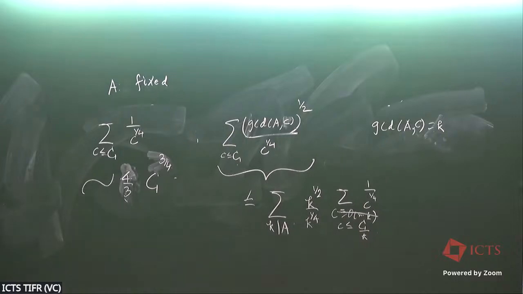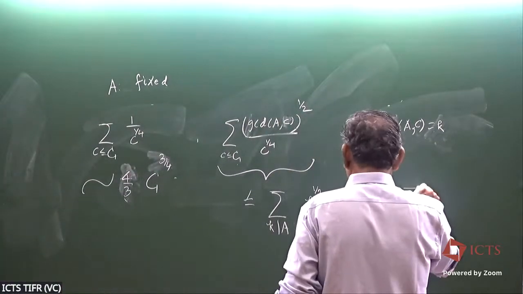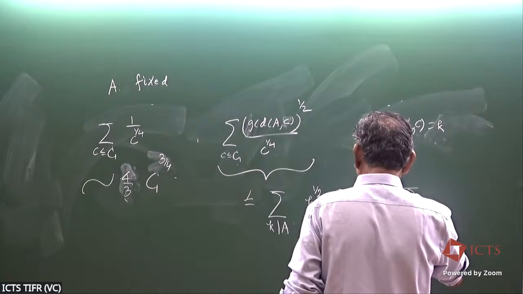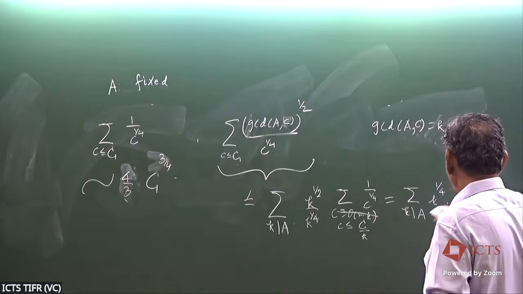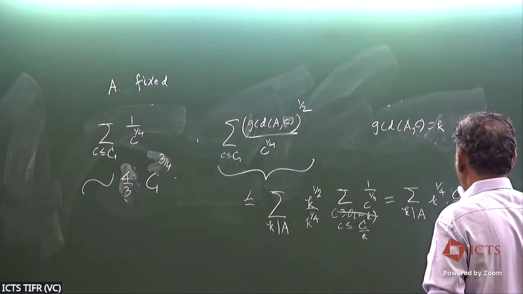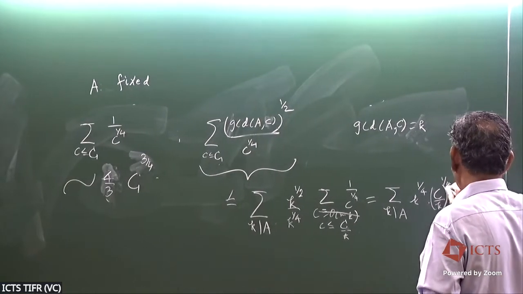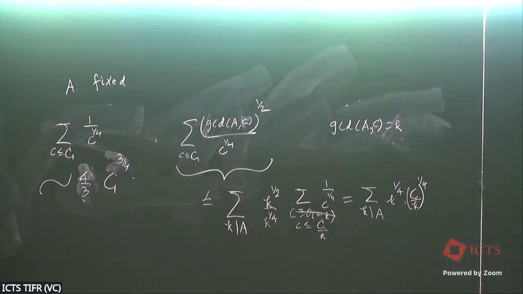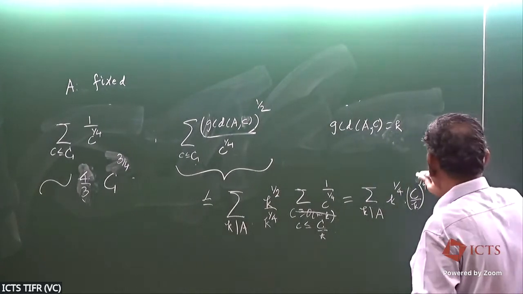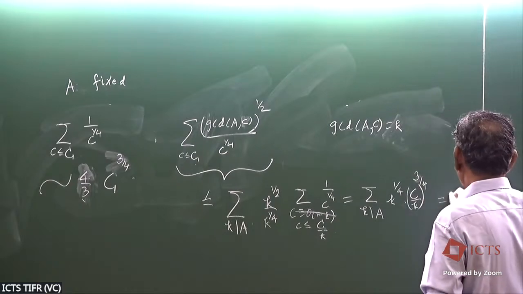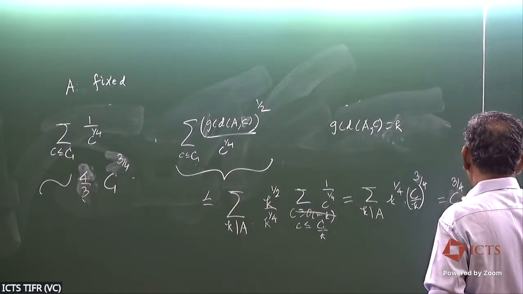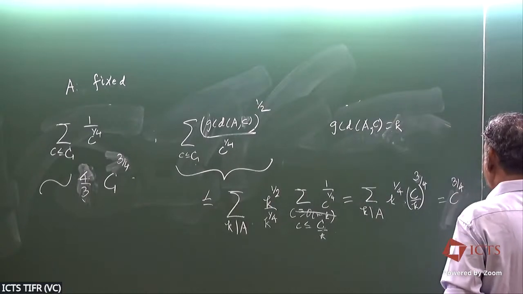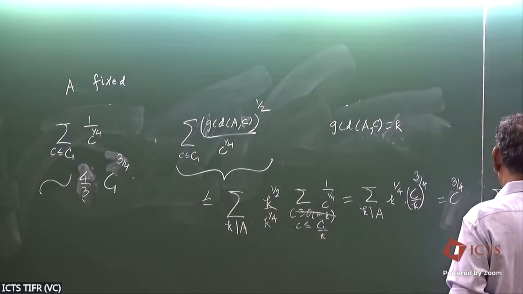Therefore this K comes out, and this is equal to the sum over K dividing A of K power 1/2, and then capital C by little k power 3/4. That is equal to the sum over K dividing A, the C power 3/4 comes out, and what you are left with is a summation over K dividing A of 1 over K power half.